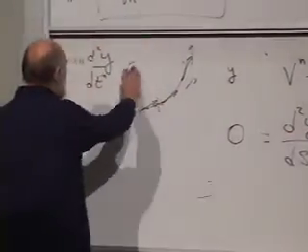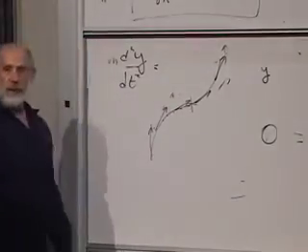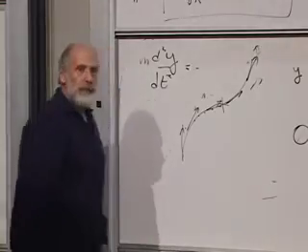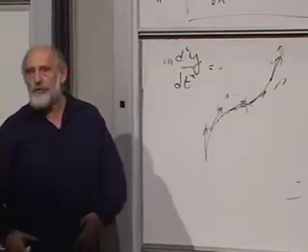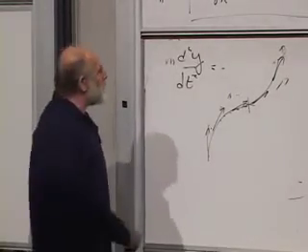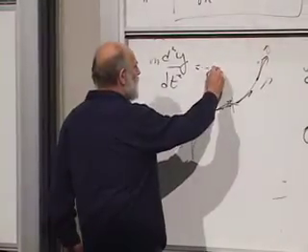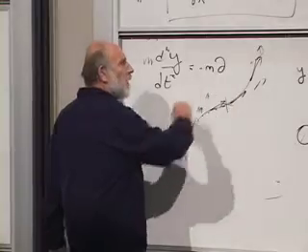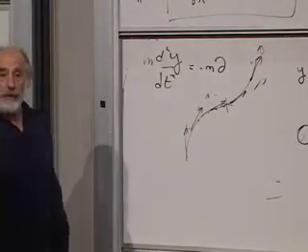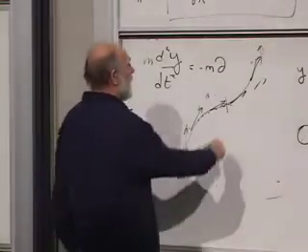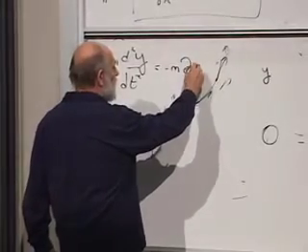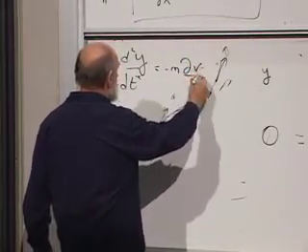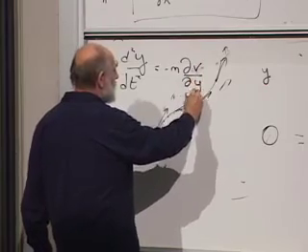And then what's on the right-hand side? The gravitational force. But what is the gravitational force proportional to? Well, in a general gravitational field, it's proportional to the mass times the derivative of the gravitational potential, let's call it V, with respect to y.